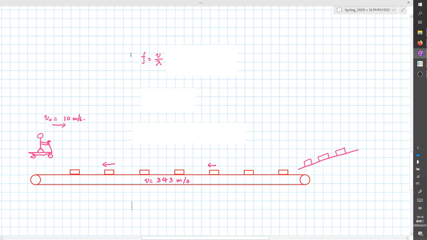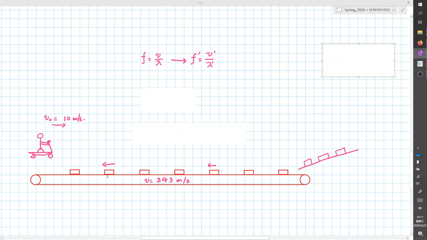We can find the frequency using the equation f equals v over lambda. But of course, since conditions are different and things are moving, we'll have f prime equals v prime over lambda prime. Now we want to figure out v prime and lambda prime.